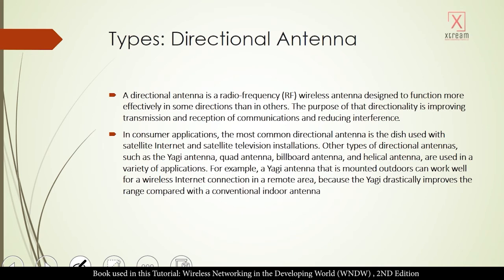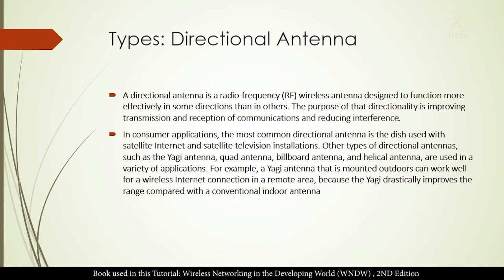We have different types of antenna, in which the first type is a directional antenna. A directional antenna is a radio frequency wireless antenna designed to function more effectively in some directions than in others. The purpose of that directionality is improving transmission and reception of communications and reducing interference.